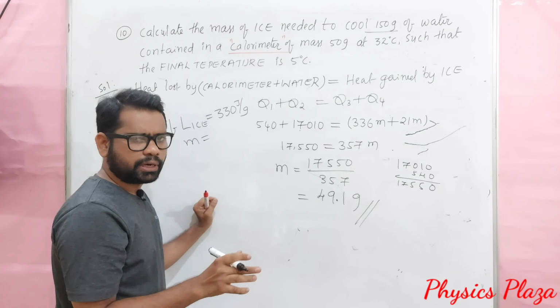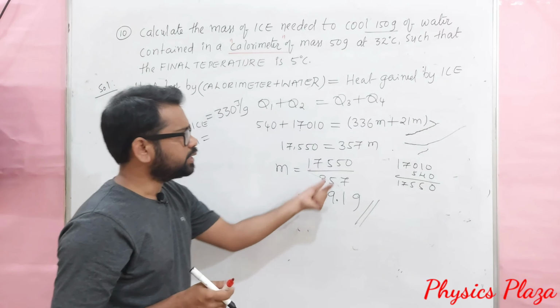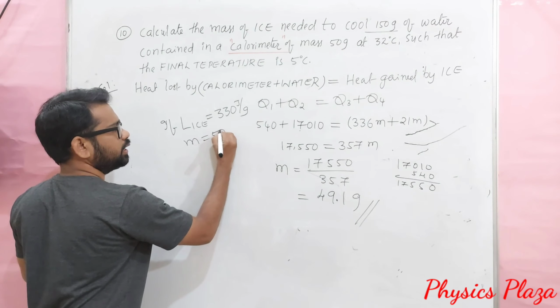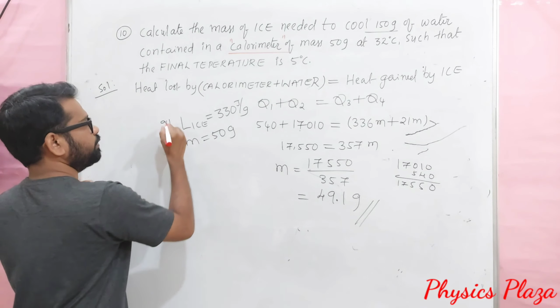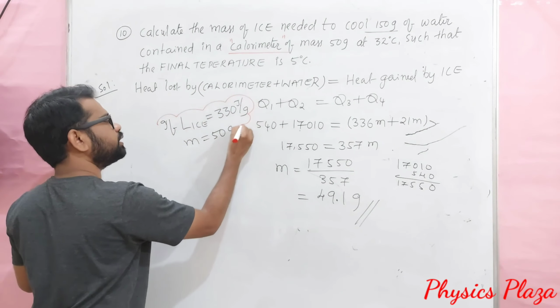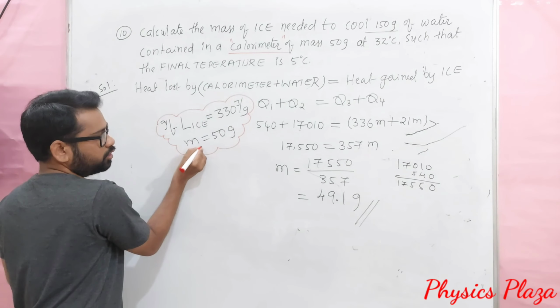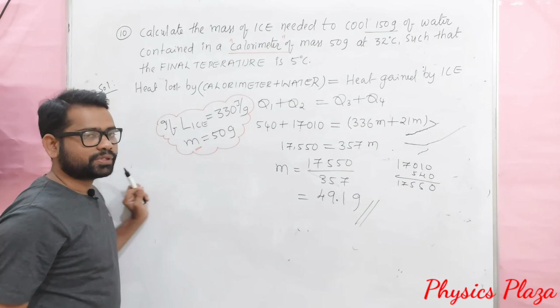Don't get confused, everything is same, but instead of 336 you take 330. So how much do you get, dear children? You calculate and you should get 50 grams. If the specific latent heat of fusion of ice is 330, then the amount of mass required will be 50 grams. Okay children?